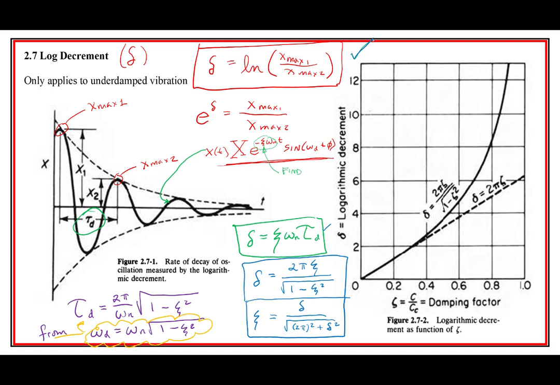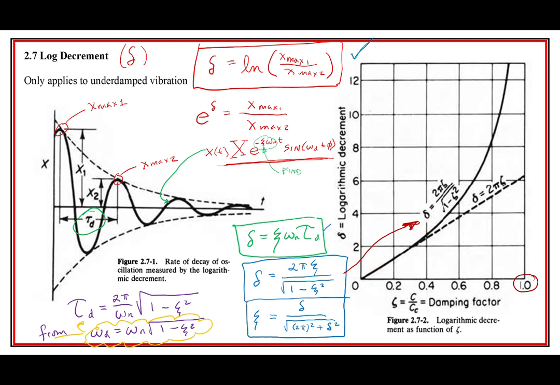Notably, we can make a connection to this graph over to the side. This equation right there is this equation right here. You can see here's your damping factor, and as it gets up to 1, you can see that the log decrement starts increasing.